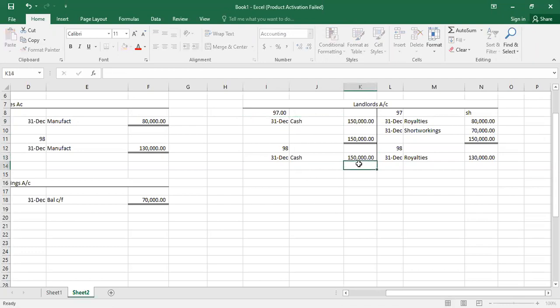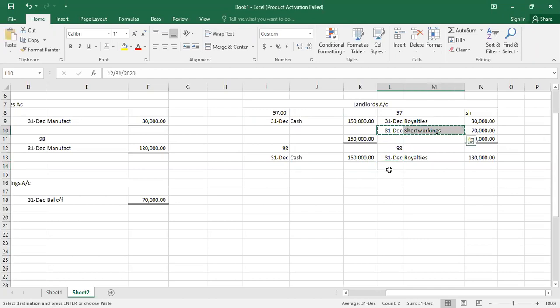So did we experience a short working or do we have a surplus? We have a short working. So as at the end of the period, we have a short working of how much? 20,000.